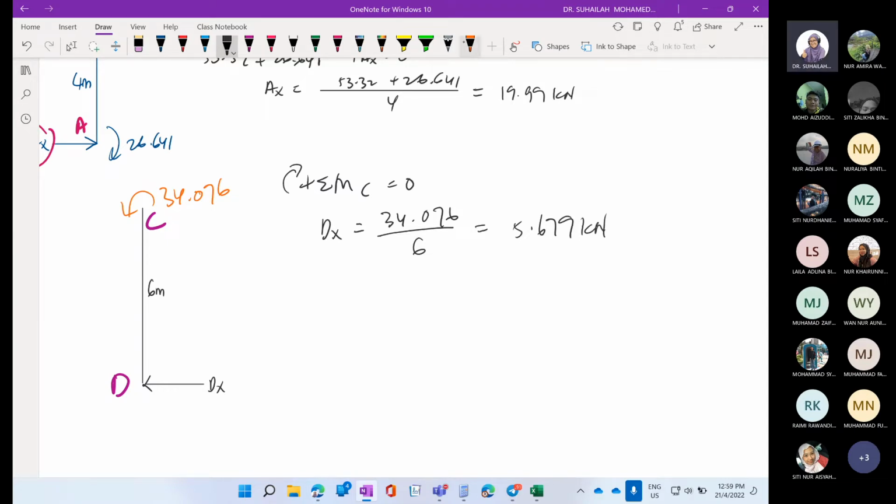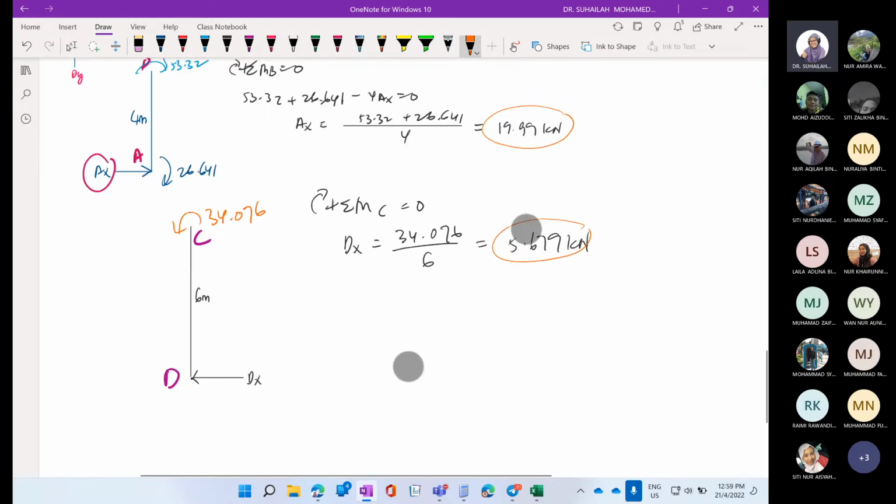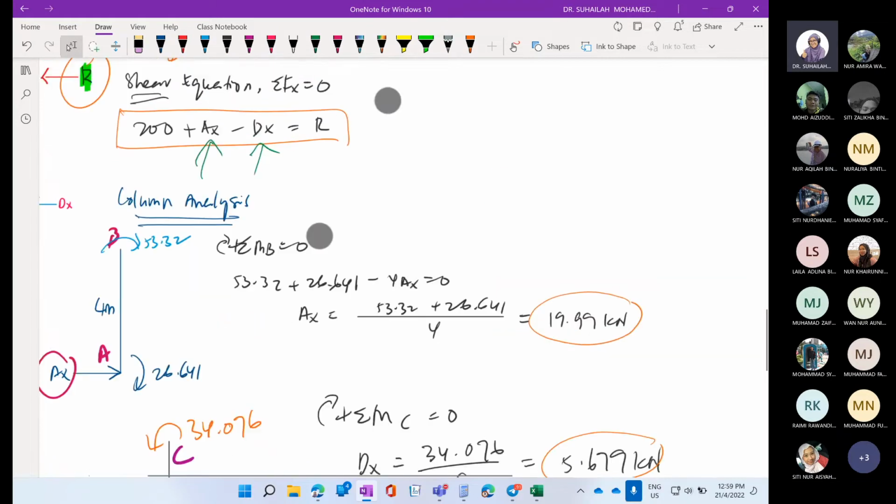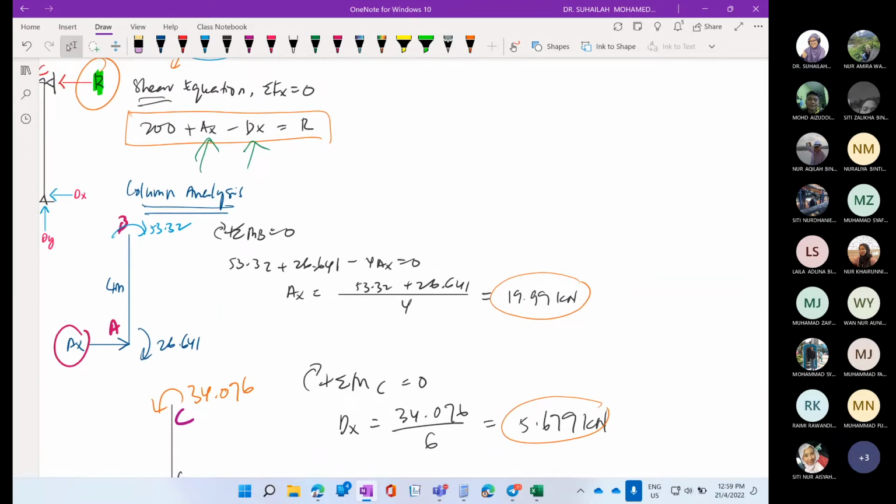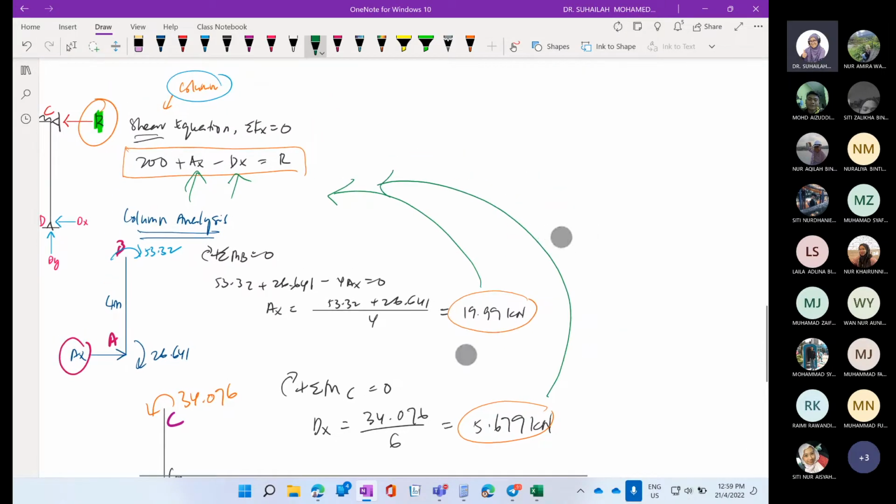Okay, so this is AX, this is DX. So we substitute into the shear equation. What do we get?